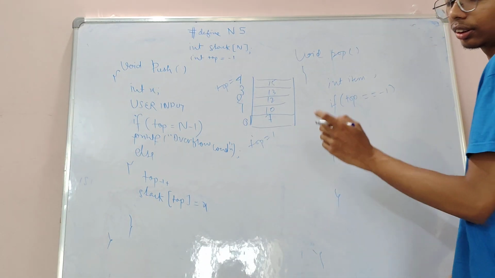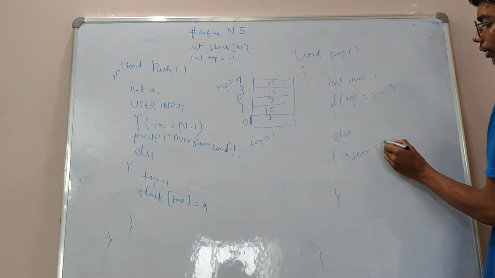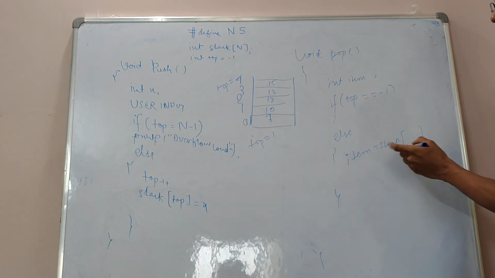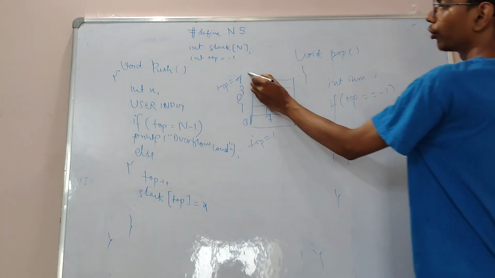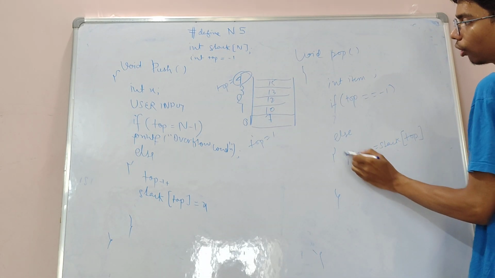I will define my item is equal to stack[top]. Because top is 4, stack[top] will give the item value of 15.